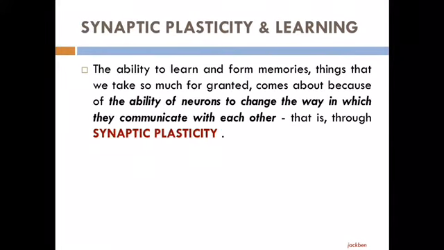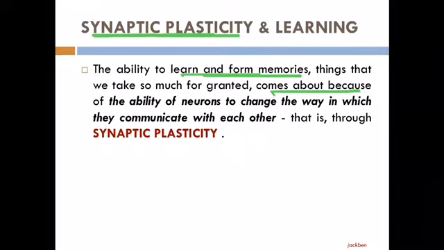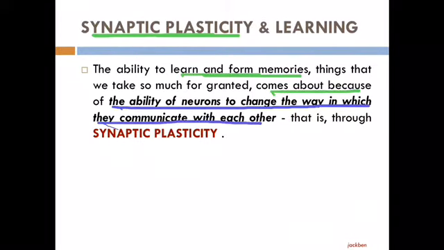So this change in the synaptic transmission is known as synaptic plasticity. The ability to learn and form memories happens because of the ability of neurons to change the way in which they communicate with each other, right?